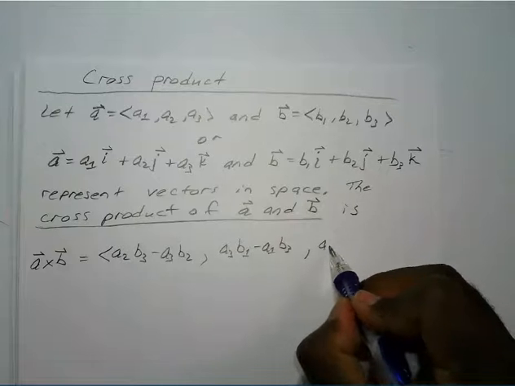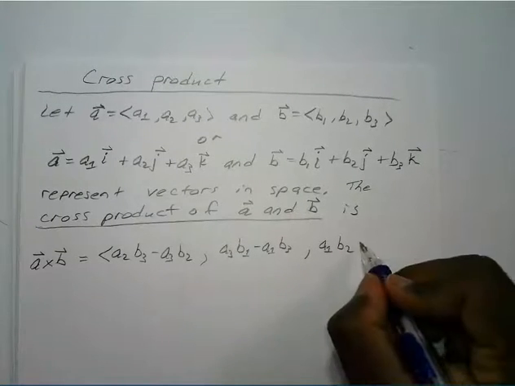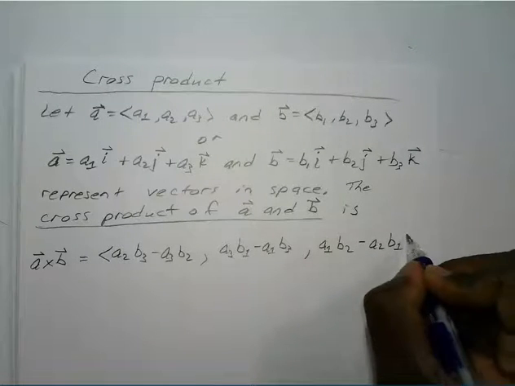Now we have the first component of A times the second component of B minus the second component of A times the first component of B.